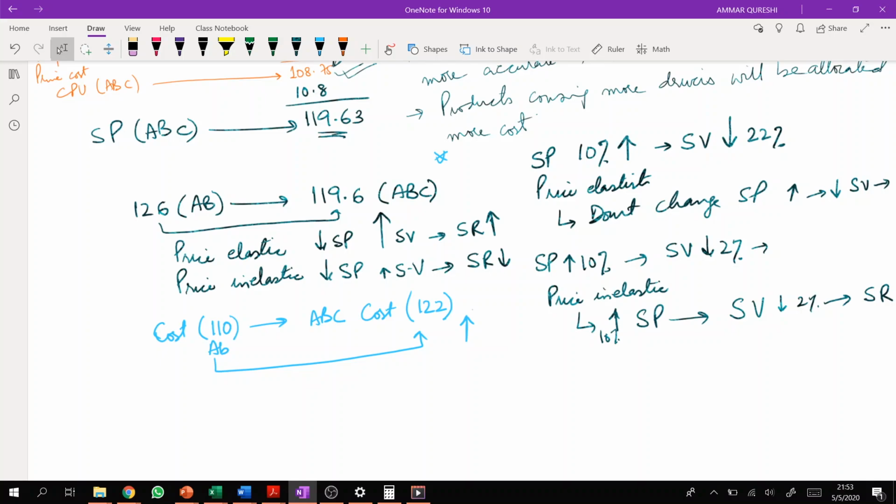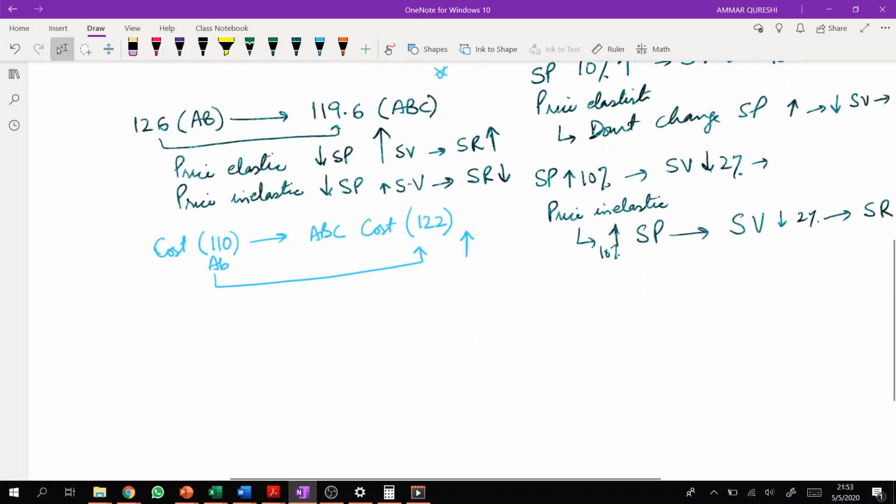Because if the market is competitive, what will you tell the customer? That we changed the costing method, that's why we changed the selling price? You are not providing them with extra quality or something extra in this product. You are providing them exactly the same product at higher prices, right?